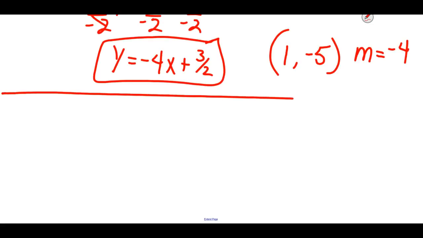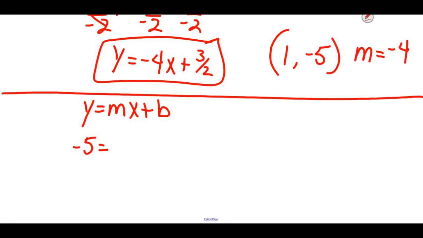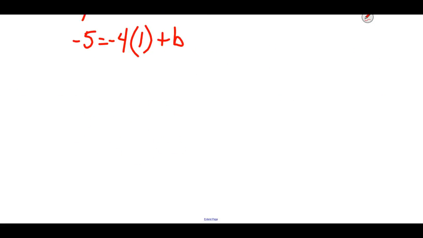So, now I'm going to go through, and I'm actually going to put this in. So again, I start with slope-intercept form. I'm going to throw in my slope, x, and my y. So my y is negative 5. My slope is negative 4. My x is 1. And I've got b. So again, I'm looking for b in this case. So here we go. I have negative 5 equals negative 4 plus b.